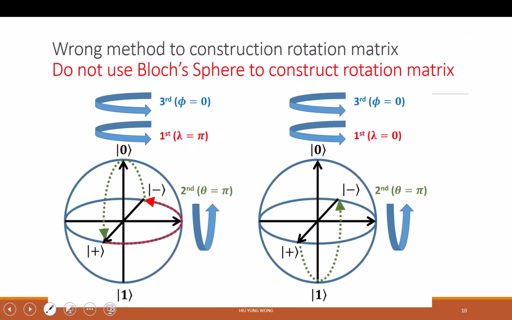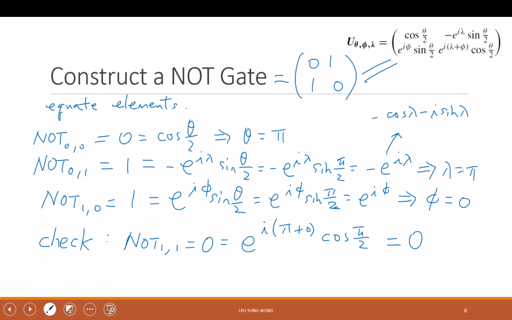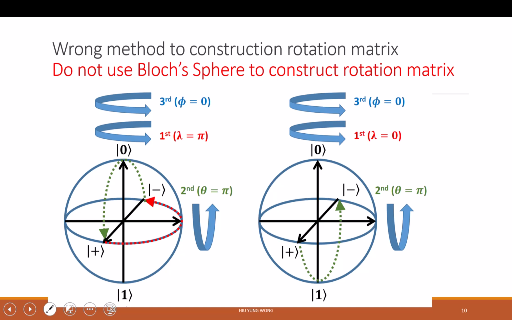Okay, so the last line is this. Let's give it to Qiskit. I'll just tell you: lambda equals pi, phi equals 0, theta equals pi. Do you see that if I want to construct a NOT gate, I need to follow this?